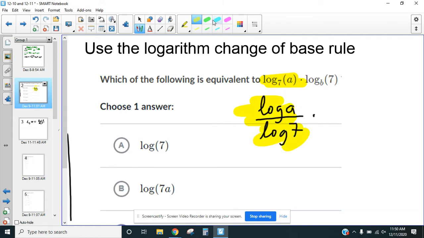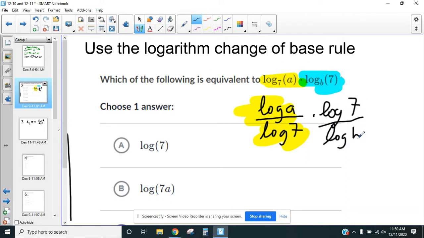Let's rewrite the second one. When we do that, we can see some things that can be simplified.